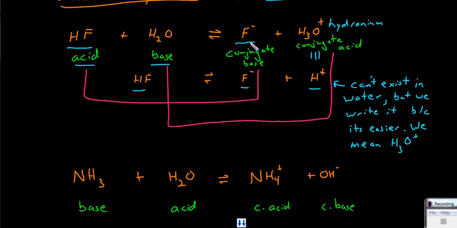So this fluoride which we produce could further react back with this hydronium and form hydrofluoric acid and water. So we call this fluoride a base. It can act as a base. It can accept a proton from this hydronium. And so we see that HF initially is an acid, and whatever is left over is called the conjugate base.